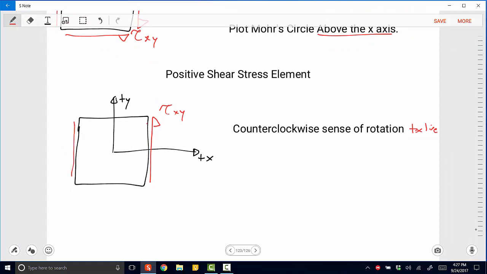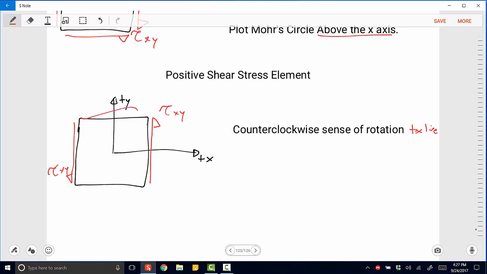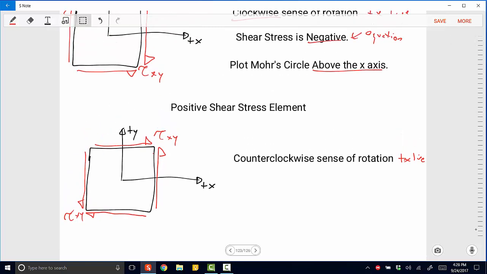Now let's go ahead and place our shear stresses everywhere that they need to go, for equilibrium in the y direction, and then for equilibrium of the moments of this element. These values must be in opposite directions in terms of the moment.